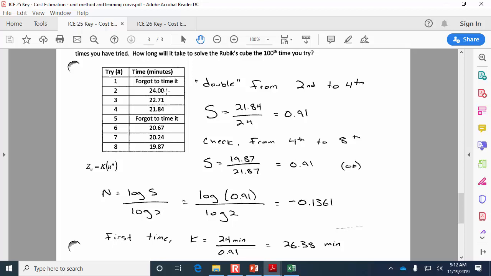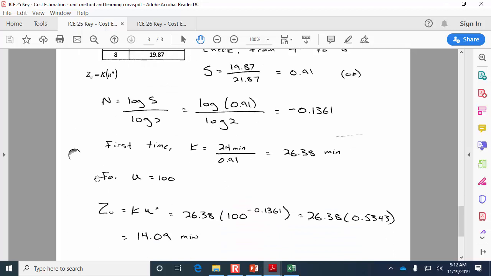So then what we can say is that 24 must be 91% of the original amount. So that's where 26.38 minutes comes from. And once we know that, we can just substitute it into the overall learning curve formula and say that for the 100th time you do the Rubik's Cube, then it should only take you 14.09 minutes.